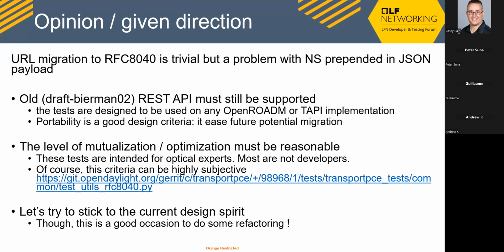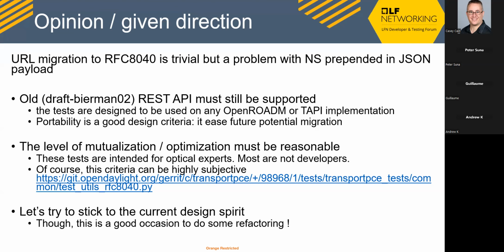A constraint that we have is that since we have optical experts, most of whom are not developers, we can optimize the code and factorize some parts of the code, but you have to be reasonable so that they can understand how to make the code evolve. And of course, this can be a very subjective criterion. It depends on the skill of the developer.